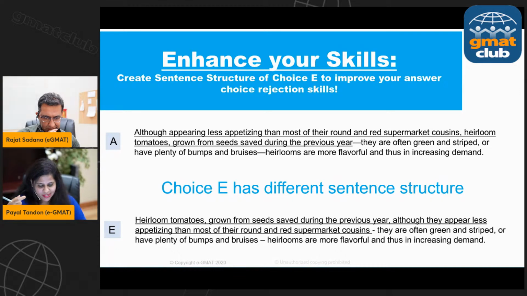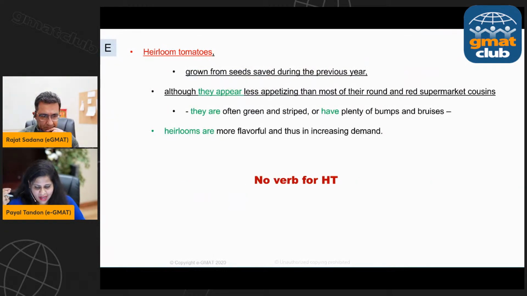Choice E has a very different sentence structure than choice A, right? But if you apply your sentence structure capability here, you will end up seeing that there is no verb for heirloom tomatoes here as well. It's the same error that is propagating across all these choices.